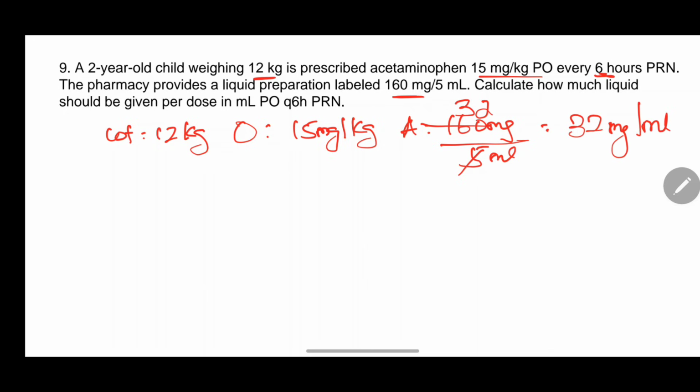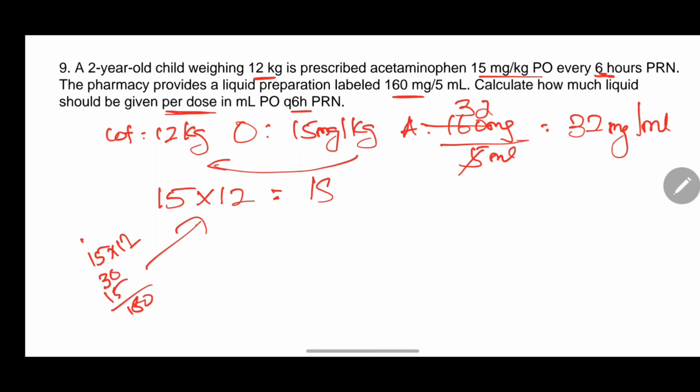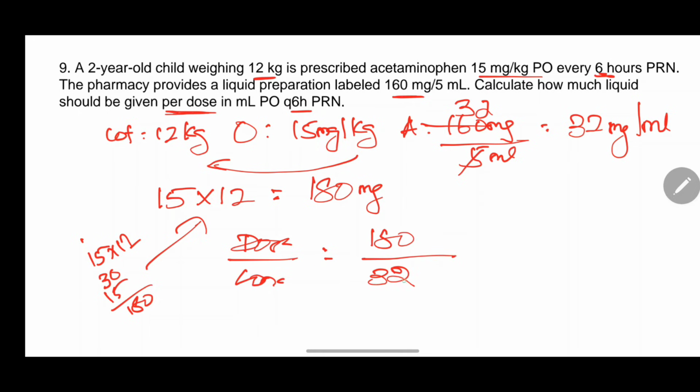Next, calculate how much liquid should be given per dose in ml Q6 hourly. So now let's calculate it for weight. It is 15 into 12. It is 180 milligram. Let's put it into the formula. Dose by concentration: dose is 180 divided by concentration is 32. So 5.6 ml per dose.